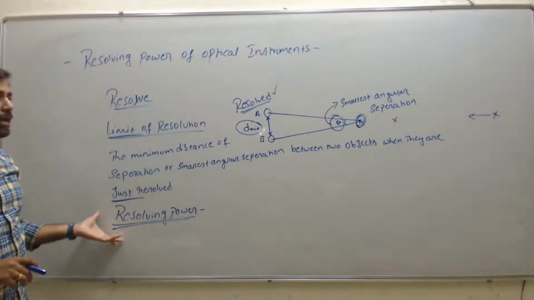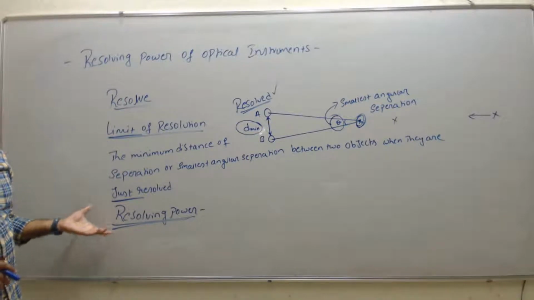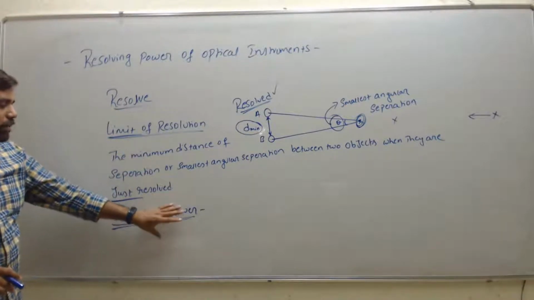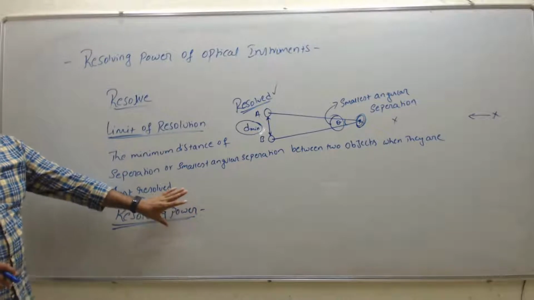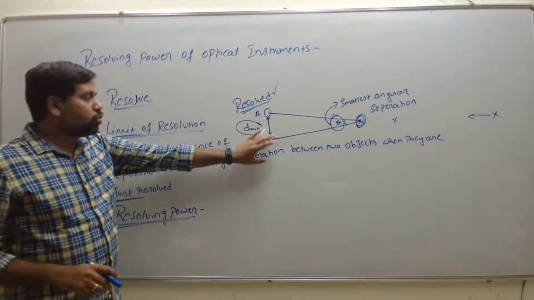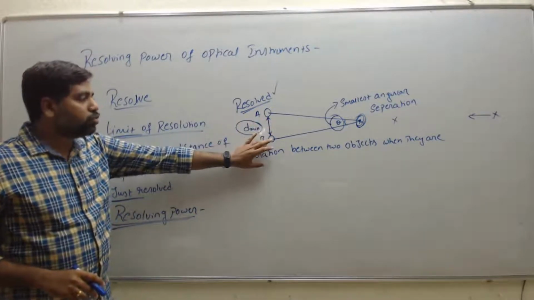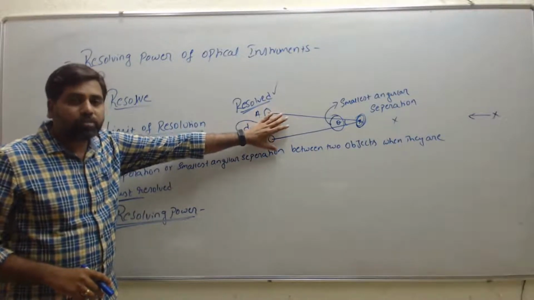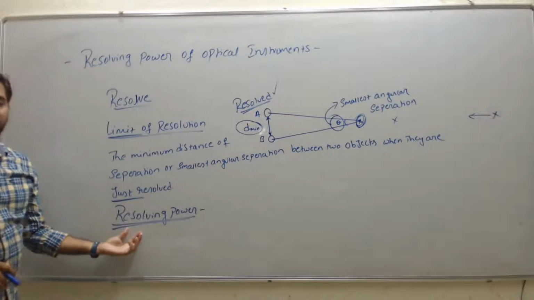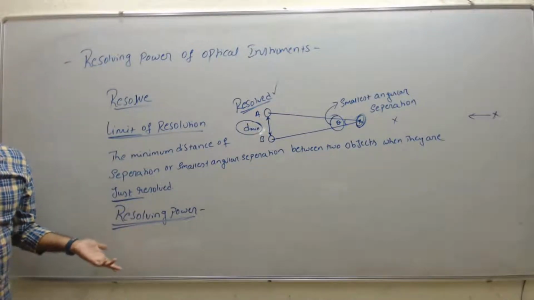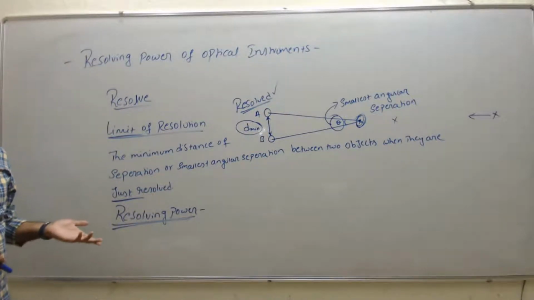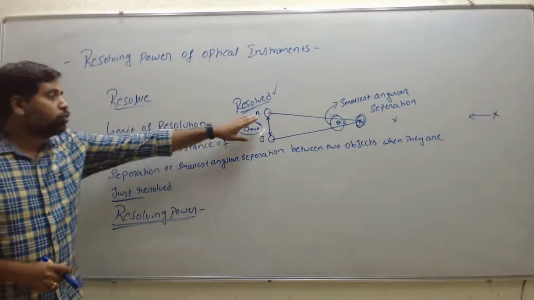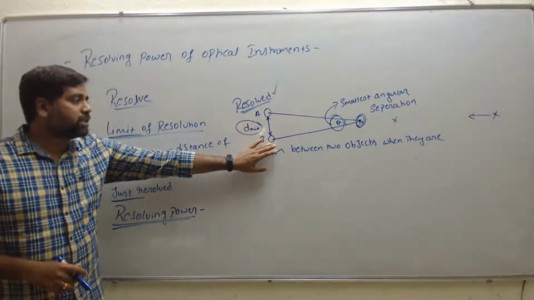It is the ability of the optical instrument to distinguish two closely lying point objects.